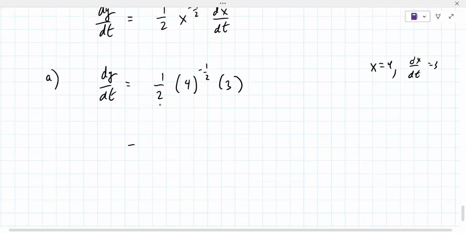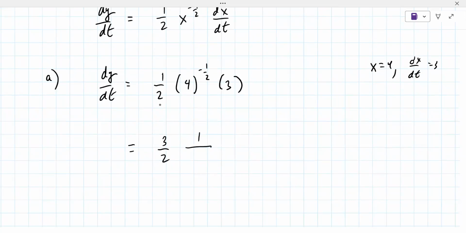So this becomes 3/2. 3 times 1/2 is 3/2, and this is 1 over the square root of 4, which is 2. 3/2 times 1/2 is 3/4, and that's your final answer. That's what they're looking for. They're going to ask you for something like that.